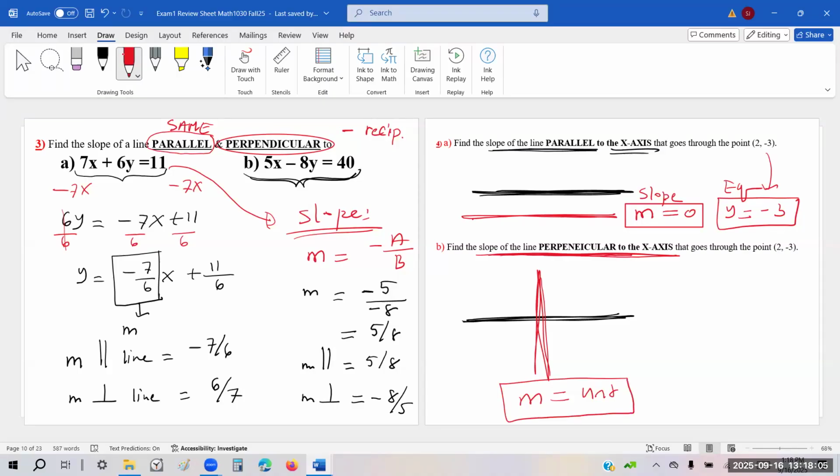So that's all you have to tell me, undefined. Not 0. 0 is a number, it does exist. Undefined is when a slope doesn't exist. And if they ask you for the equation, it will be x equals the x value. But I'm not going to ask you the equation. I'm going to ask you only for the slope.